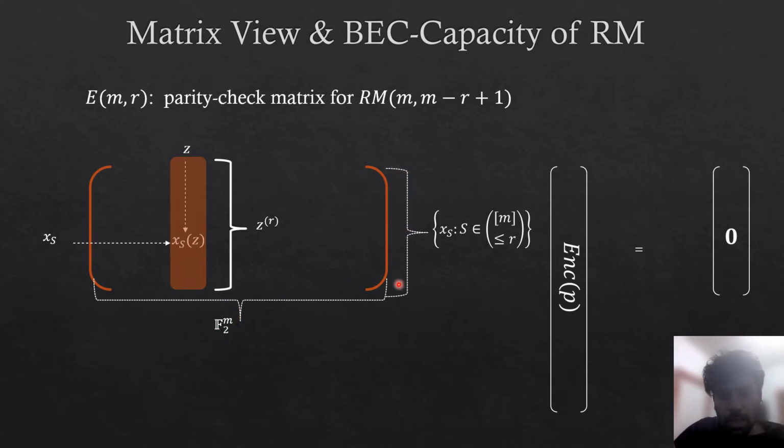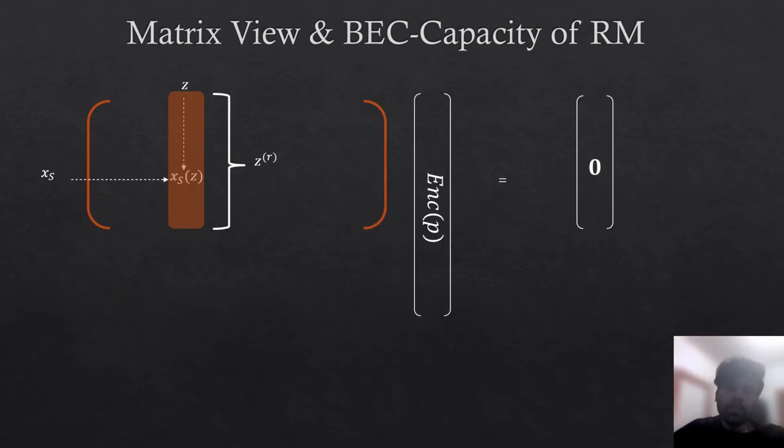The rows are indexed by monomials of degree at most r, and at a particular row and a particular evaluation point, we just evaluate x sub s at z as we were talking about, and this entire column of the matrix which corresponds to the evaluation point z is what we are calling z to the r. And of course, if we hit the parity check matrix with an encoding of p, we will get the all zeros vector.